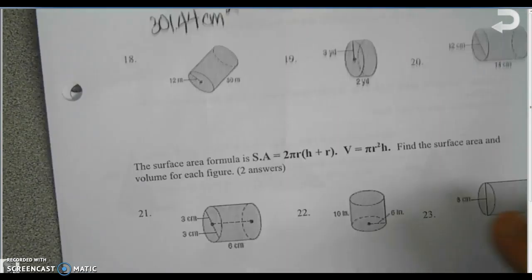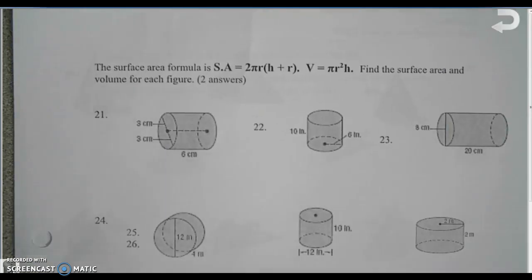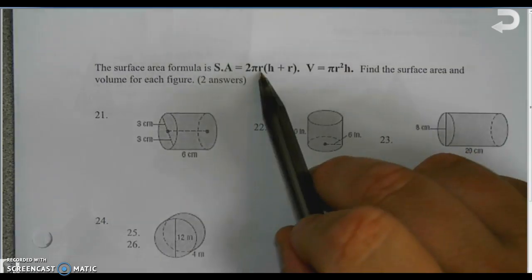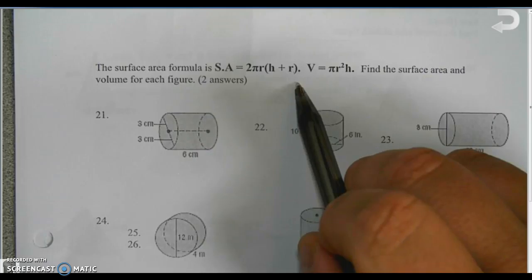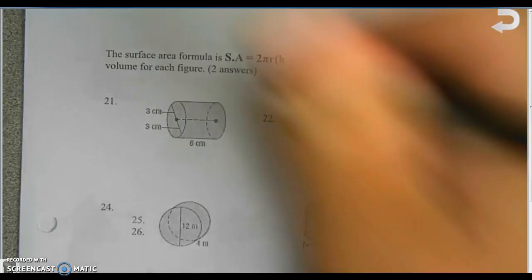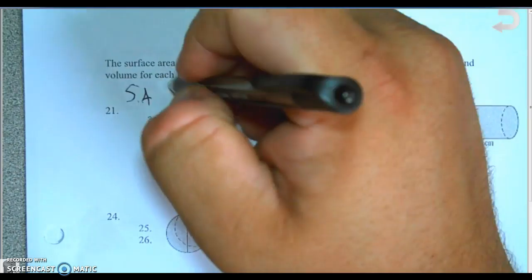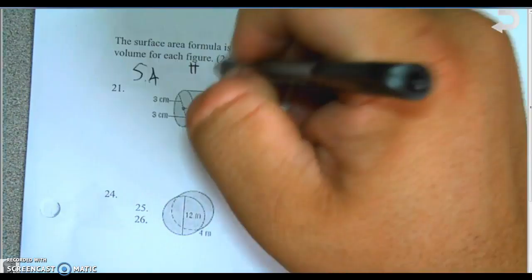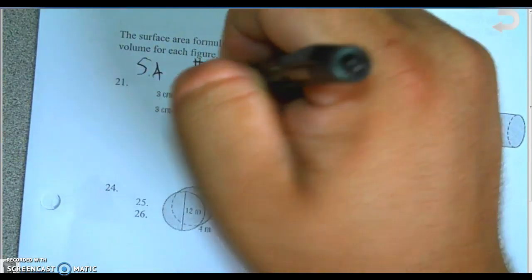That one's pretty easy. Surface area and volume, also easy. I'm actually not going to do one of these because you are literally just putting in the information. For the surface area, you put the radius here, you put the height and the radius there, and you do the multiplication. Again, there will be two answers. For surface area, I want whatever pi centimeters squared, and then I want the decimal centimeters squared.